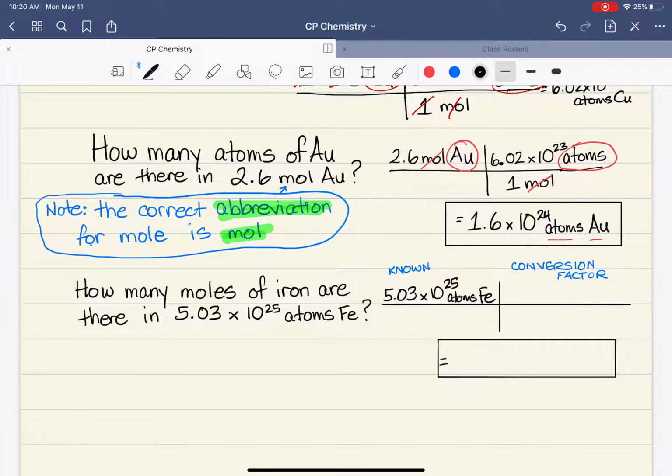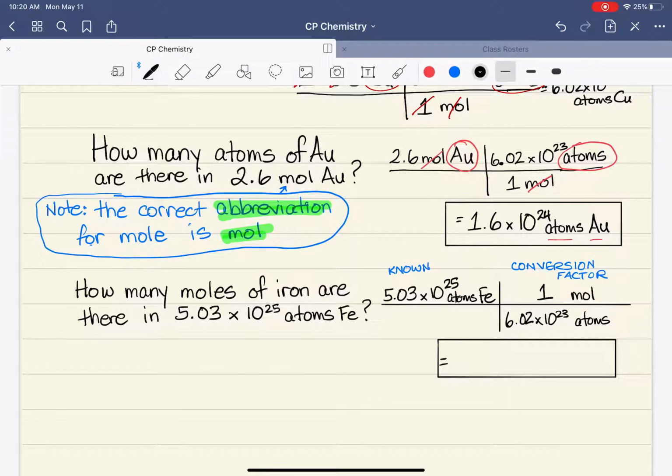And we know that our conversion factor is going to involve moles and a mole of some kind of particles. So in this case, our particles are atoms, specifically atoms of iron. I want to put those units on the bottom. I want to have atoms on the bottom so that I can end up with moles on the top. Well, I know that 1 mole is equal to 6.02 times 10 to the 23rd atoms.